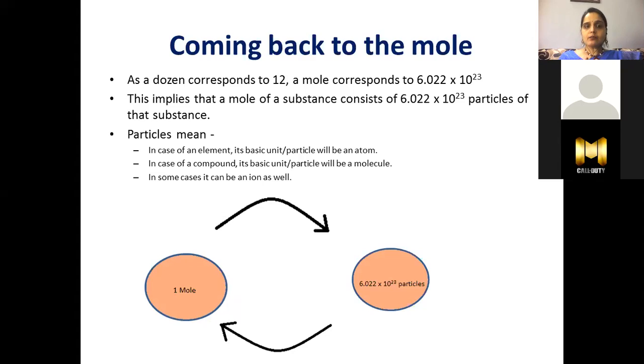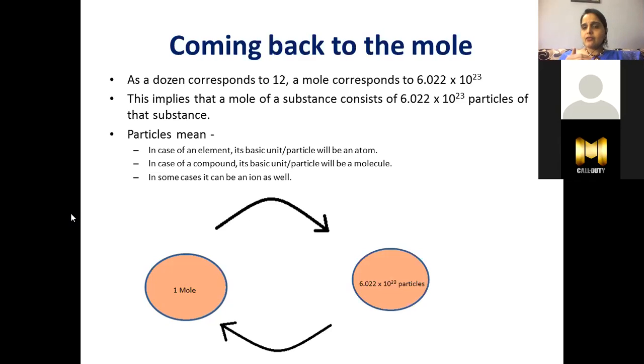And in some cases, they will be ions as well. I hope you remember what ions are. Ions are the charged particles which have either lost electrons or gained electrons. So when we say particles, they can be either atoms, molecules, or ions.